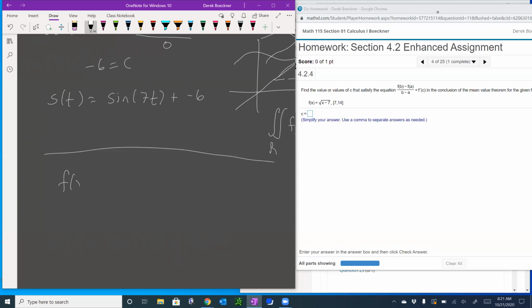Okay, so we've got f of x equals square root x minus 7. We're on the integral 7 to 14.